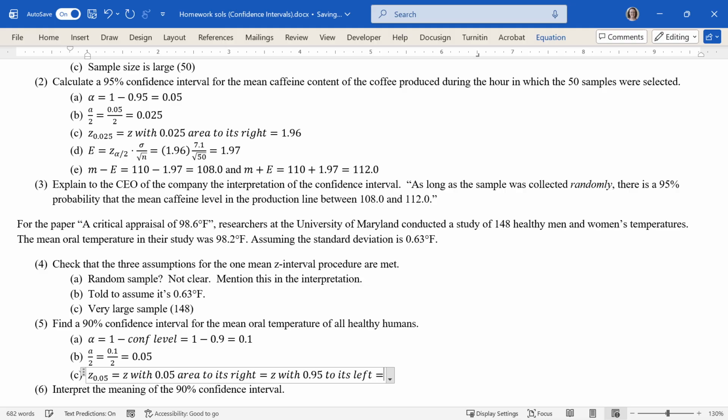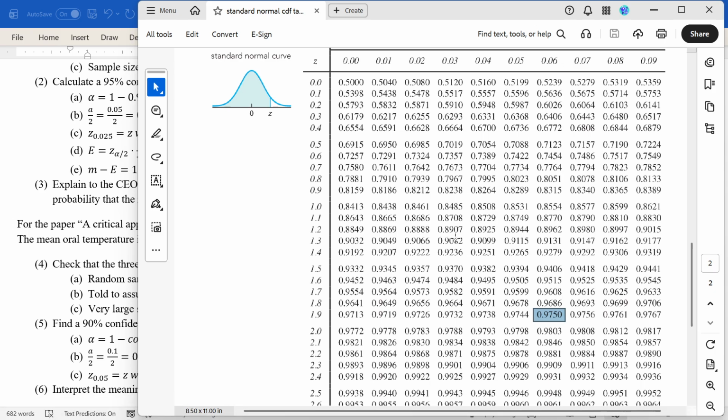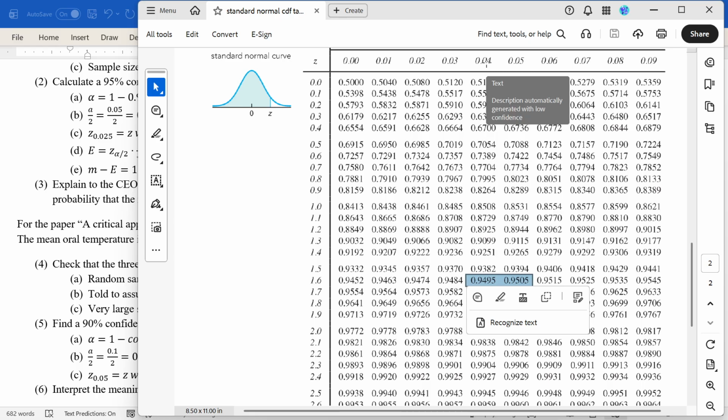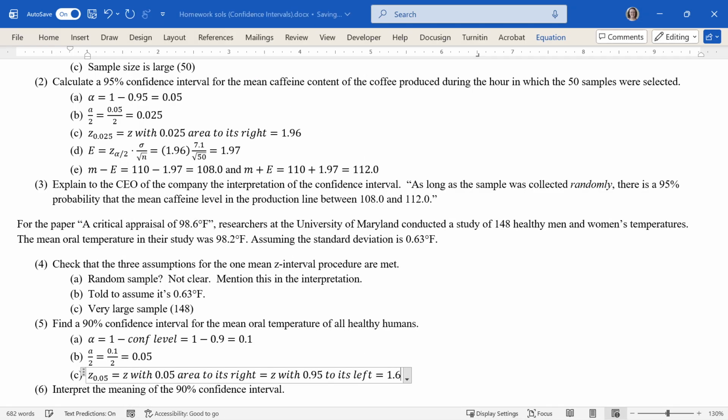Okay. So if we do a reverse lookup on 0.95, let's see what we get. 0.95, it's between these two. So between 1.64 and 1.65, I don't care which of those you use, just pick one, or you can go halfway between them, that's fine too. I'll just use the smaller one, I guess, 1.64. Okay.